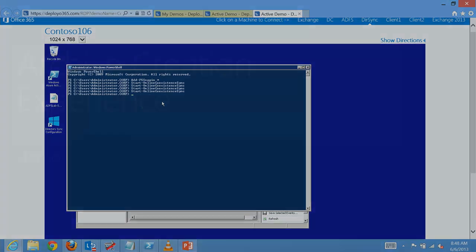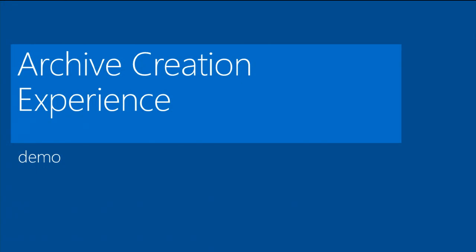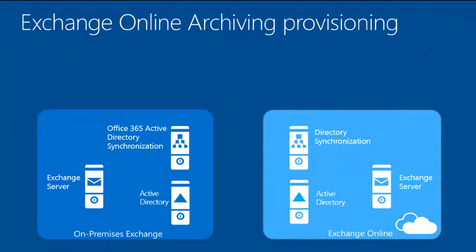Okay. So you saw archive creation. I used my on-premises tools to create that archive in the cloud. And what's going to happen behind the scenes is something we will take a look at while it's actually happening. You create that archive on your Exchange server on-premises. First thing to remember is provisioning is asynchronous.